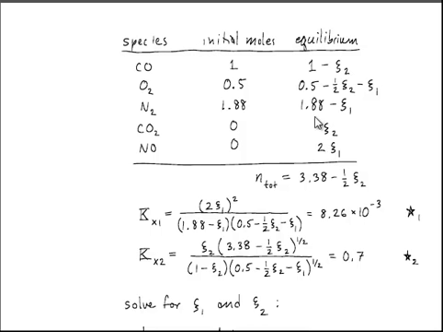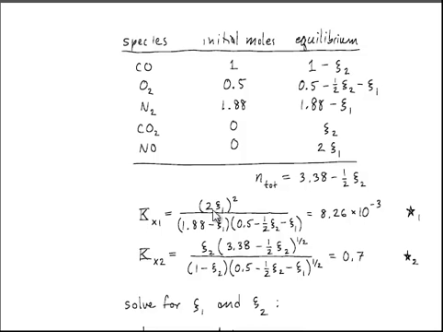We have extent of reaction Xi2 moles of CO2 produced, and 2 times the extent of reaction 1 amount of NO produced. So the total amount of material that we've made is 3.38 minus 1/2 of the extent of the second reaction. This now allows us to write everything again in terms of mole fractions.